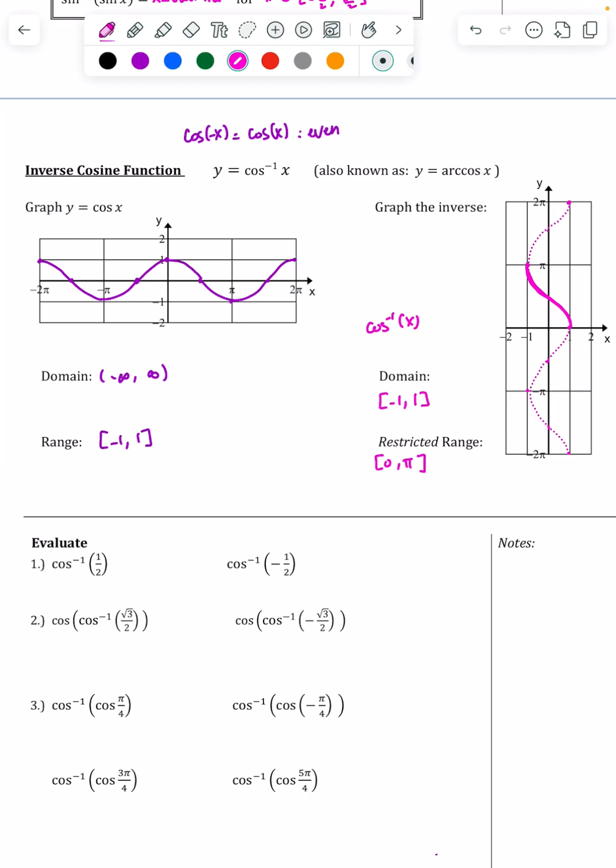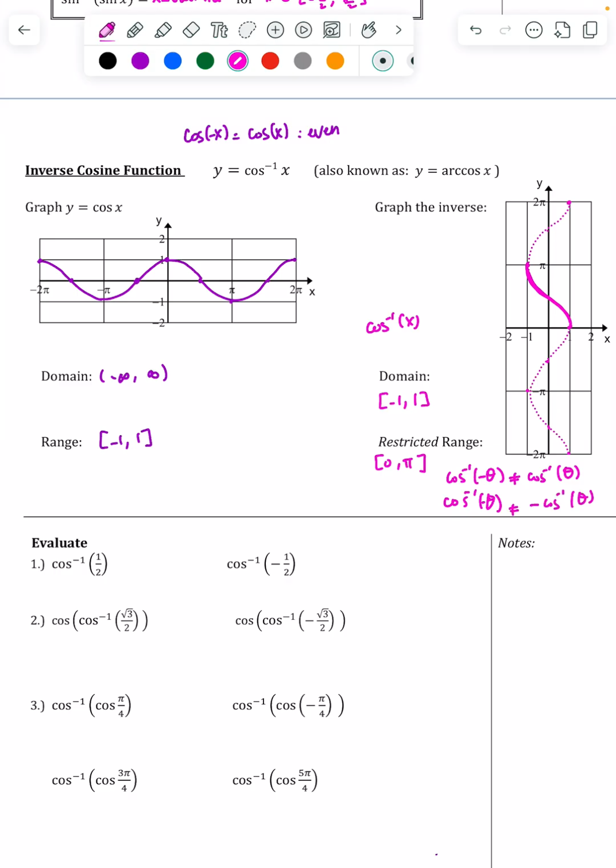Now, note that cosine inverse of -theta is not equal to cosine inverse of theta. And cosine inverse of negative theta is also not equal to negative cosine inverse of theta.